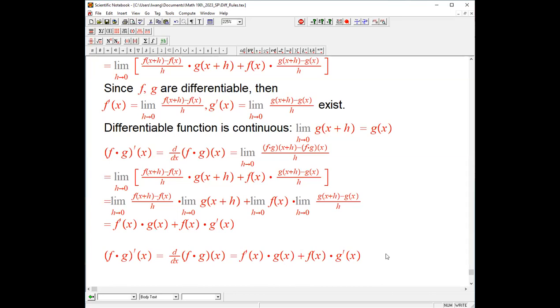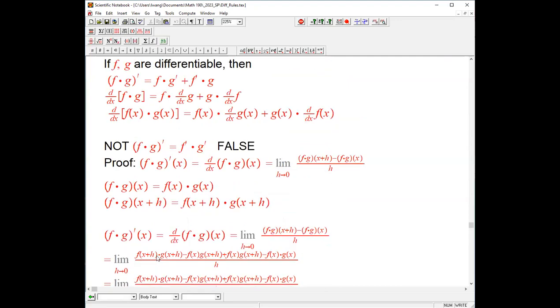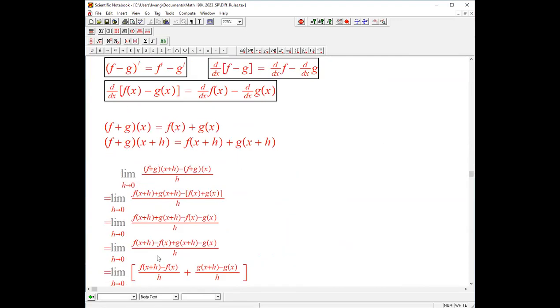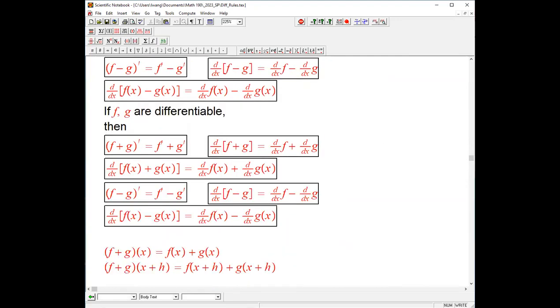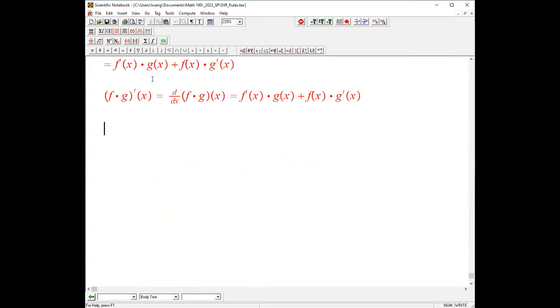Quotient rule. Next let's prove this quotient rule. What does that mean? We've done adding, subtracting, multiplying, dividing, and the assumption is the same: both individual functions are differentiable.